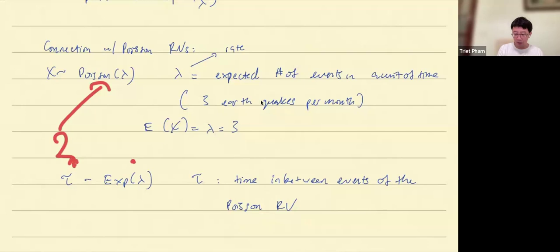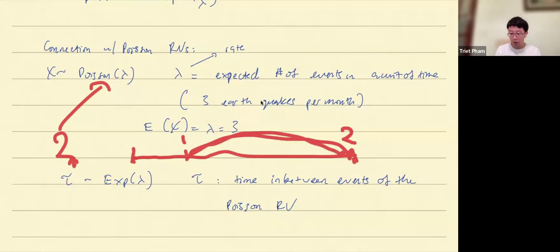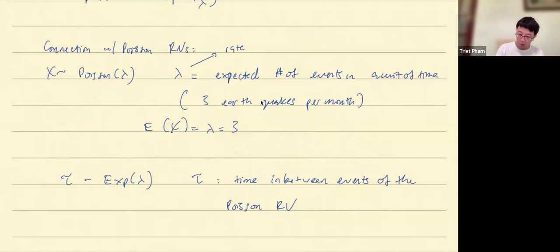Then it makes sense to talk about the time to the first earthquake and the time to the second earthquake in this month. And the result is that in between these events, even the time from the beginning to the first event, is an exponential lambda random variable. In other words, the time in between Poisson arrivals is an exponential random variable.